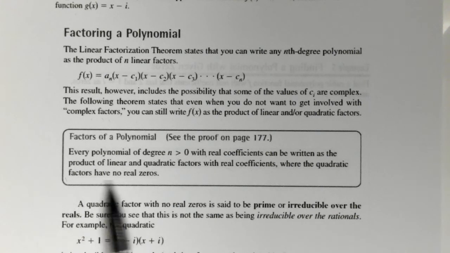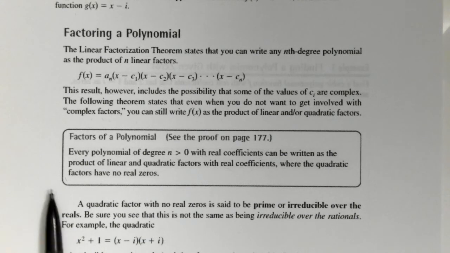The quadratic factors would just have no real zeros. And so really, if you think back to the last section where we had some real zeros and some complex zeros, so that means you'd have some real factors and some complex factors. Well, remember, the complex factors occur in conjugate pairs, so if you just multiply those together, then you would get a quadratic factor. So that's what this particular theorem is saying.